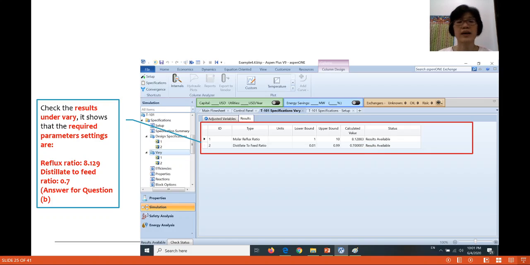Right? And these are actually the answer for question B. So in question B, you are asked to identify the parameters to get the desired purity. So the parameters would be reflux ratio equals 8.129 and the distillate to feed ratio equals 0.7.